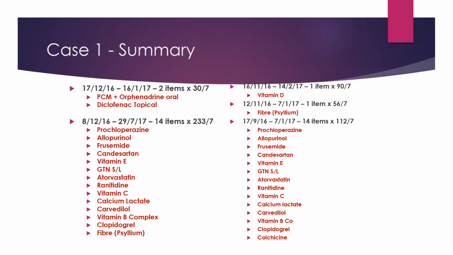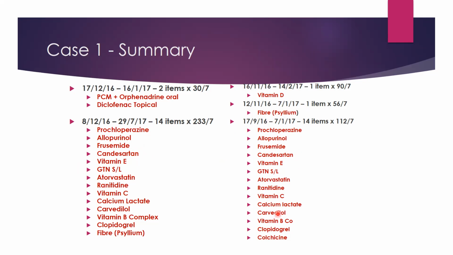Aisha, what do you think of this case? Is it a polypharmacy? I think so. Yeah, because there are overlapping prescriptions, as you see here. This is 14 items prescribed during this period, with overlap on the same date or some of the dates.